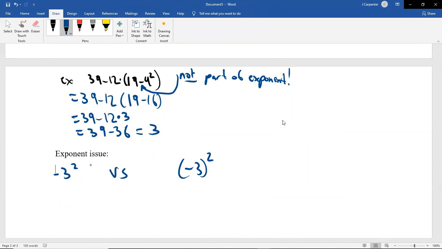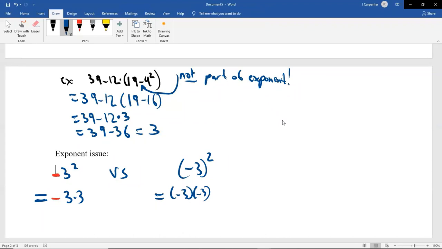The first one, I've already talked about how the negative is not repeated. And in fact, I'll do the negative for this one in a different color. So the negative is not repeated, it's the 3 that gets squared. So that's 3 times 3. The exponent does not apply to a negative unless it's wrapped in a parentheses like the second case. In this one, it is negative 3 times negative 3.